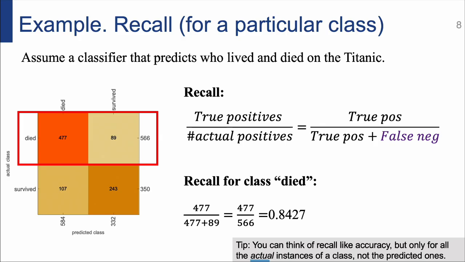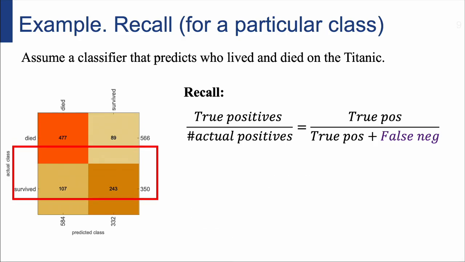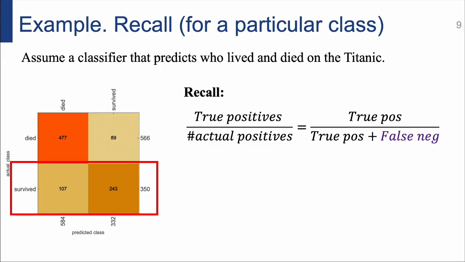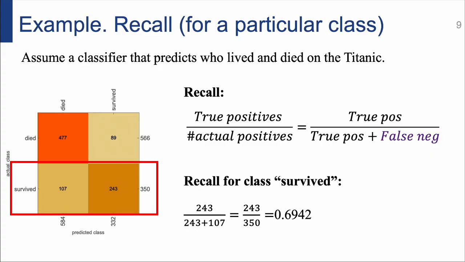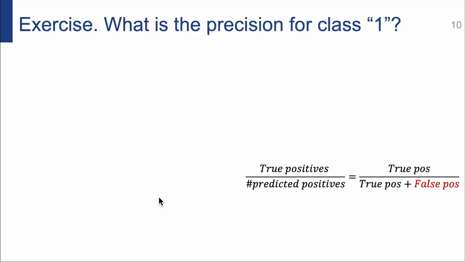And the recall for class died is also high, meaning that we don't miss a lot of people that actually died. Finally, for the class survived, the recall is: we have 243, that's the true positives, those correctly identified as having survived, over the total number of those that survived, that is 350.